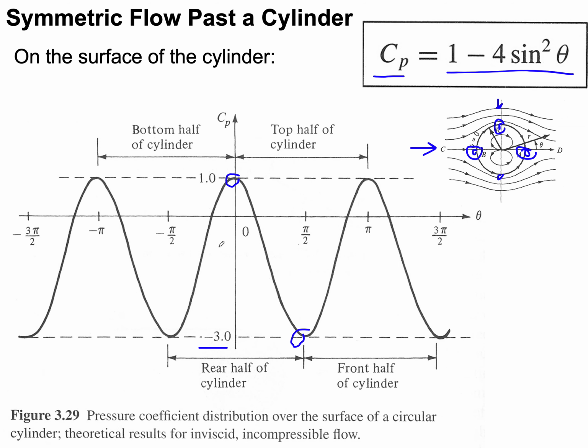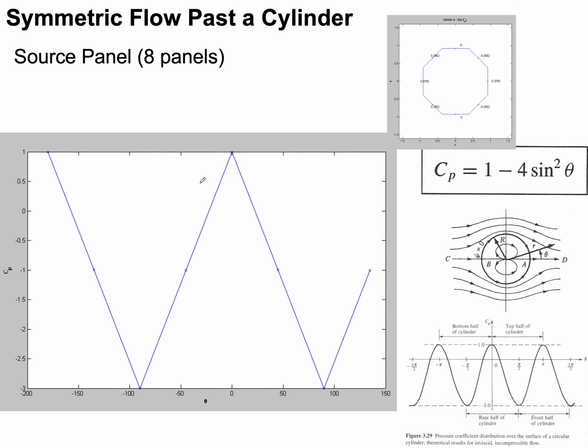And we'll just summarize some of the results that we get. When I use 8 panels, as I have here, I'm not getting a smooth curve for the pressure coefficient, but I'm getting the values at the important thetas, 0 and pi over 2 and so on, to be the same as what my solution got me. These are the 8 panels that I had.